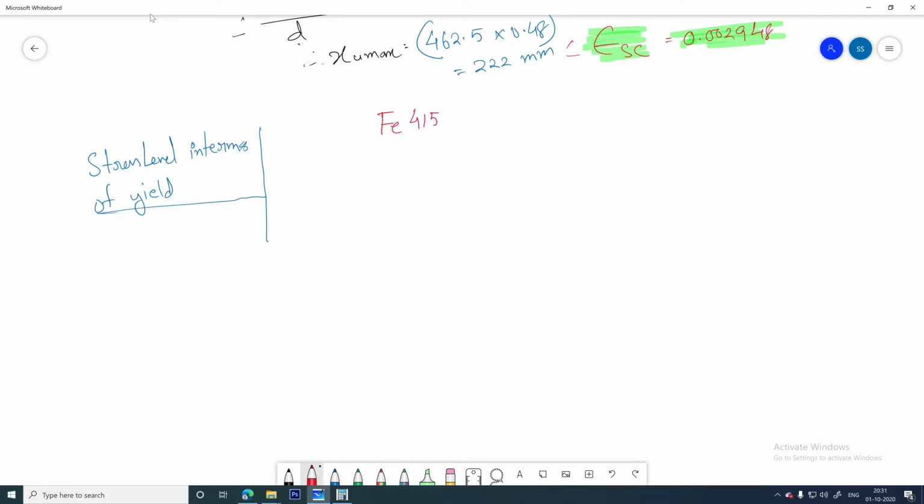Now in our question, the grade is Fe415. Now definitely here we have strain as well as stress. Both values we will see.